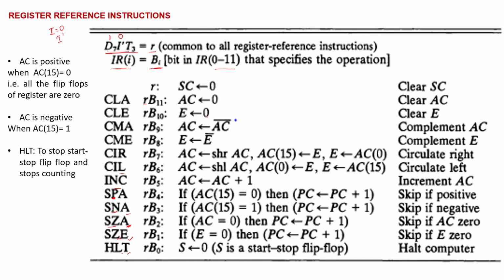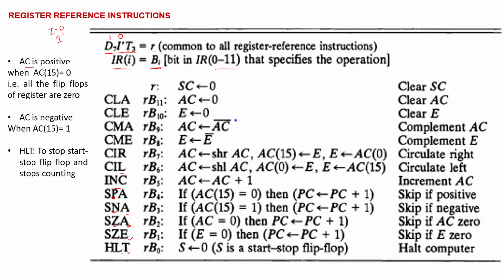So if you see here, for a particular combination of Bi, that is bits 0 to 11, a different register instruction will be performed. That is shown here with the help of different notations. So this is the discussion about how the register reference instruction is going to work.